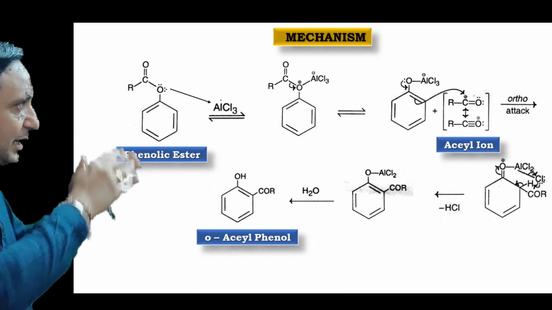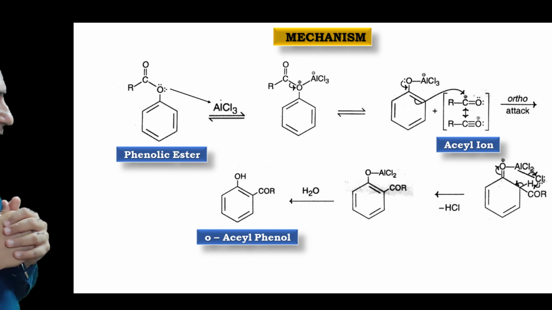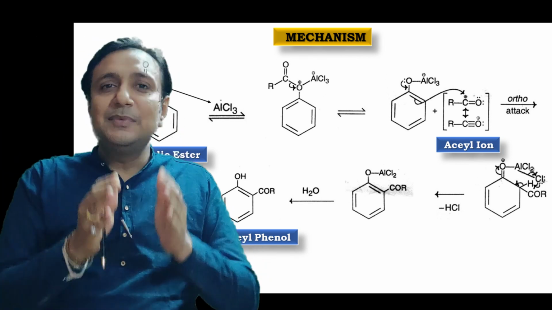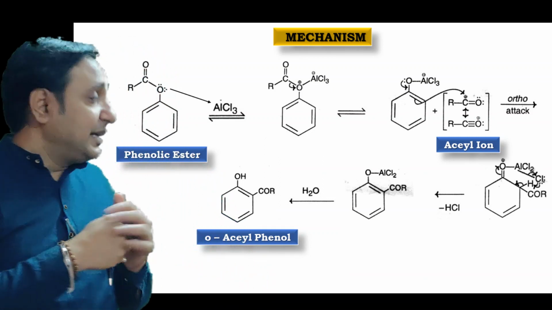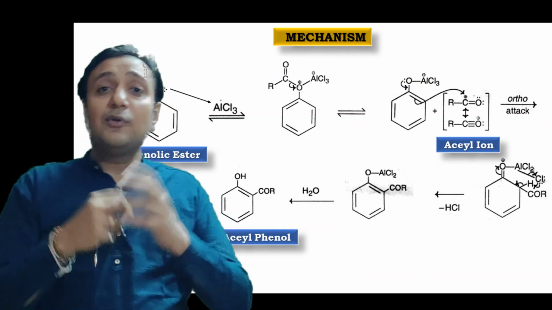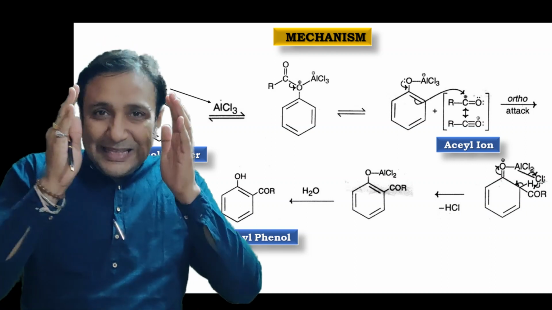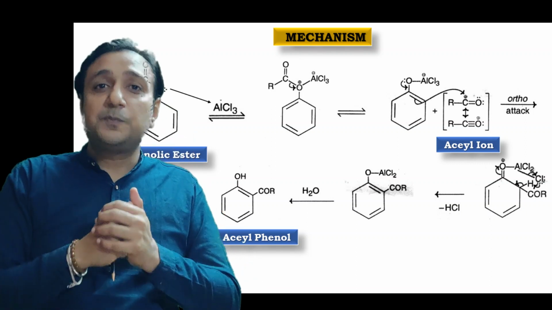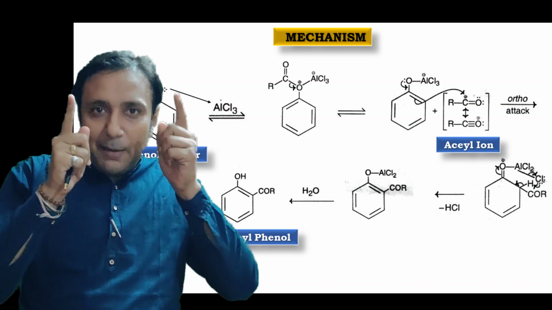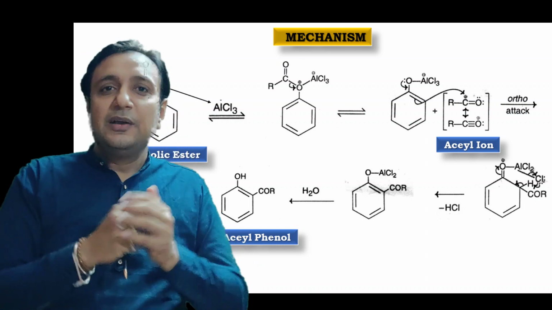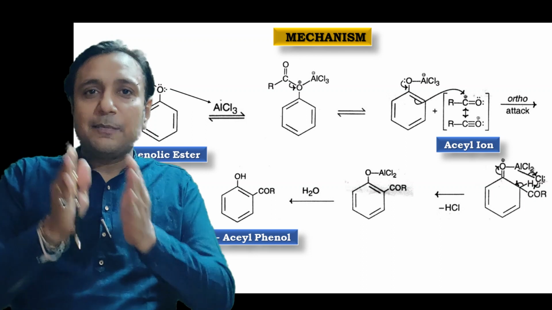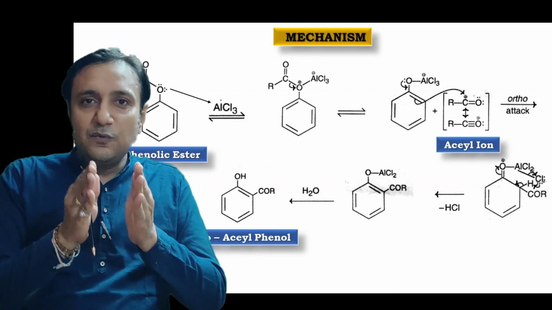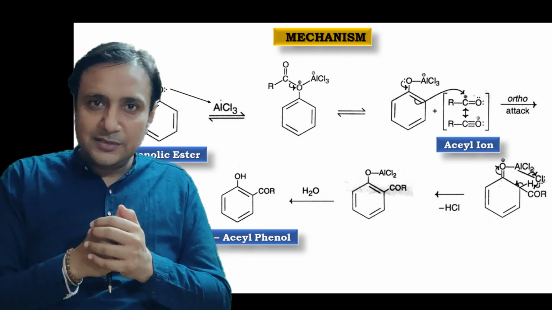Now during the ortho attack of the acylium ion, an intermediate is obtained. Same question, how does it form? In this case, the pi electrons present between carbon number 1 and 2 will shift onto carbon number 2. So carbon number 2 will be converted into a negative charge.